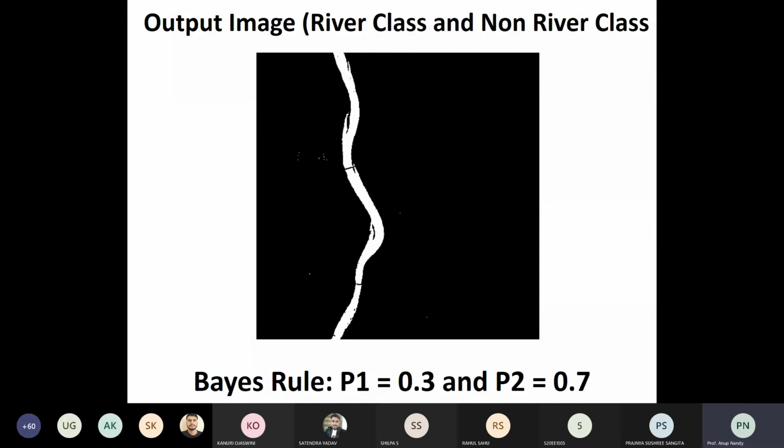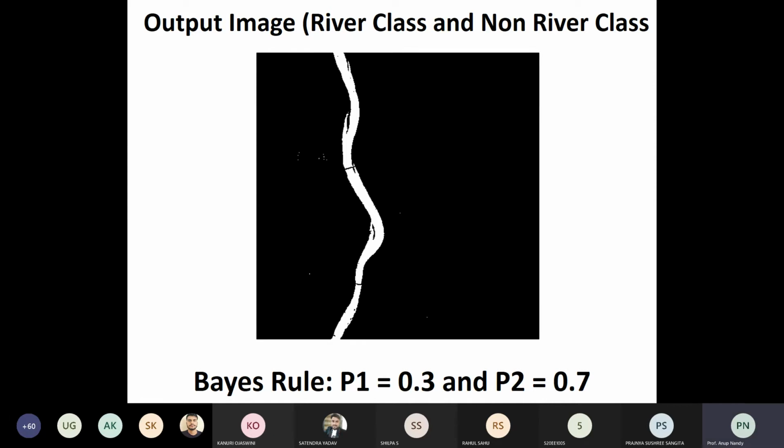Since you are doing image processing, the output must be shown through an image, so after classification the values have to be in the range of 0 to 255. 0 means completely dark and 255 means white. Now the non-river class is denoted by 0. You could have the vice versa, there is no problem. Instead of taking the river class as 255, you could have taken 0 also. It is just for giving some color to the image.